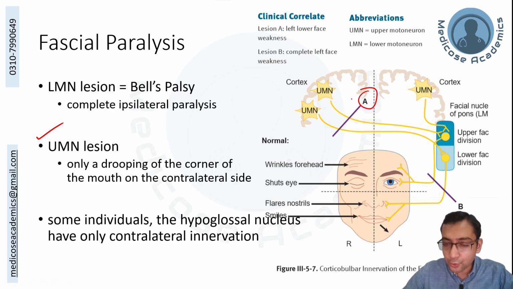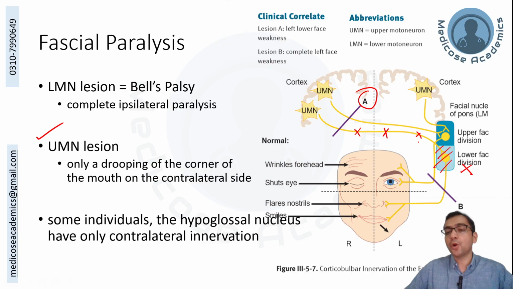If there is a stroke on one side, the lower half of the face will become non-functional because the corticonuclear fibers coming from the contralateral side were interrupted. However, for the upper half, the contralateral corticonuclear fibers were indeed affected, but the ipsilateral ones were fine.